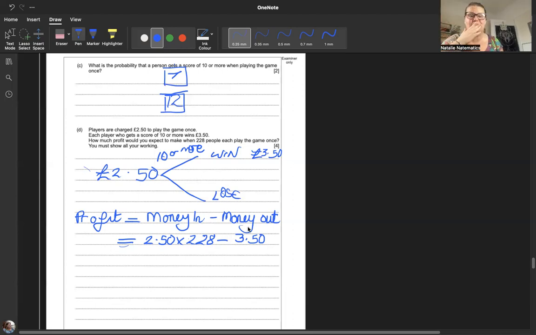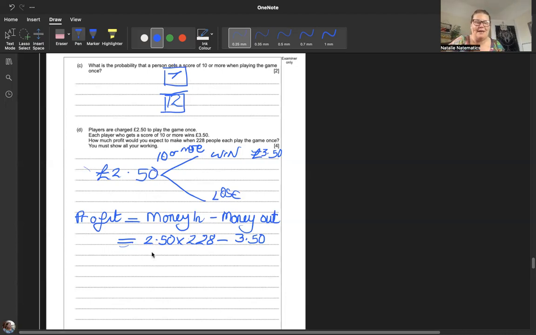So we're paying out £3.50 for everyone who wins. Well, how does somebody win? They win if they score 10 or more. What is the probability that somebody will score 10 or more? It's 7/12.